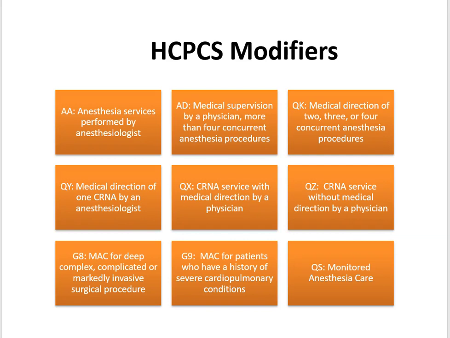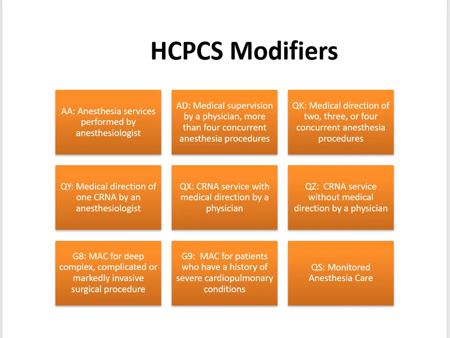So for example, modifier AA is anesthesia services performed by an anesthesiologist, whereas modifier QZ, for example, is a CRNA service without direction by a physician.